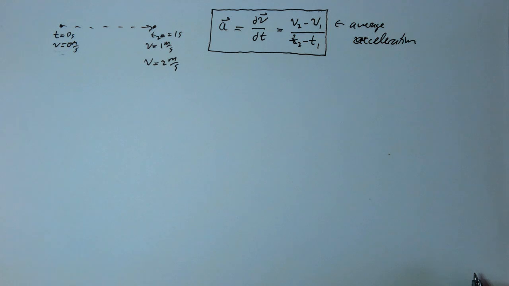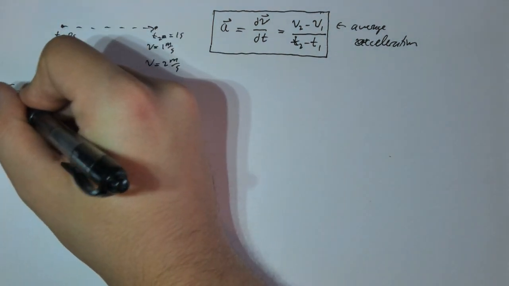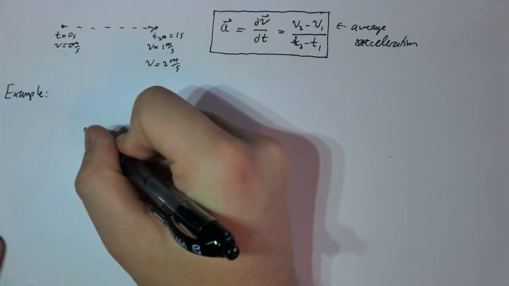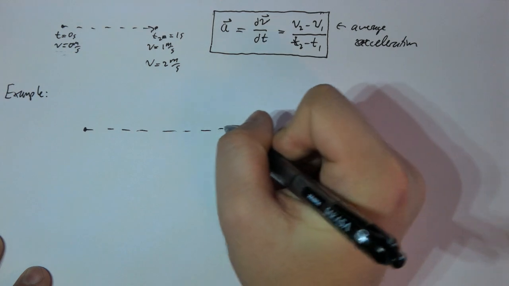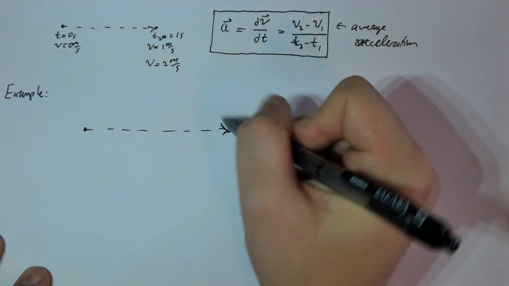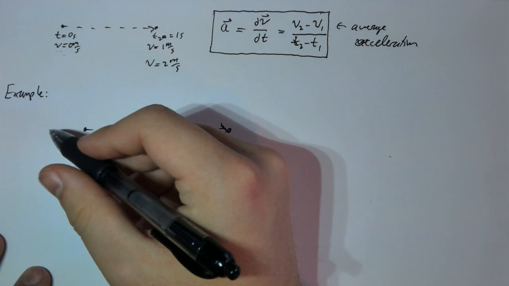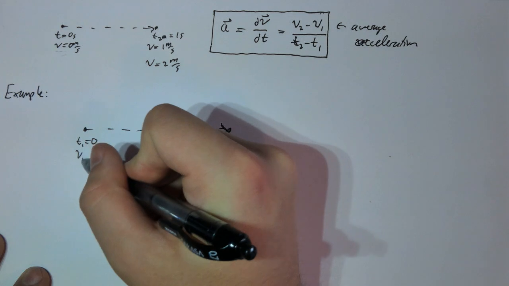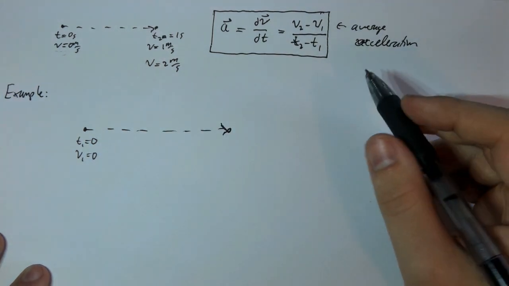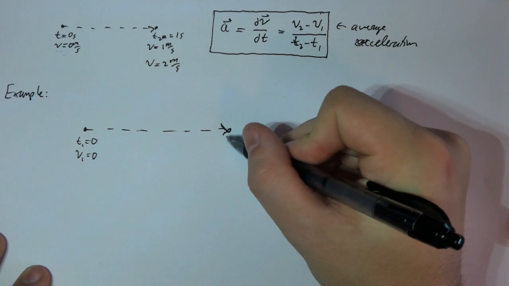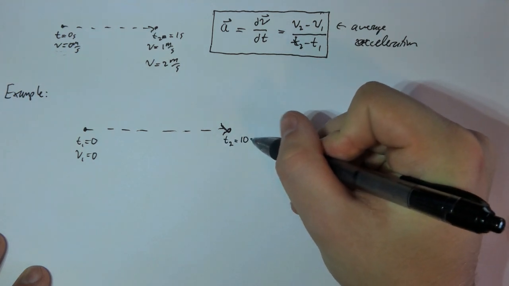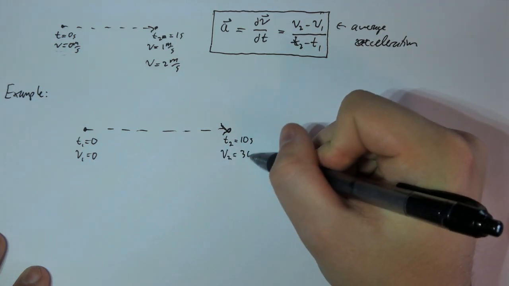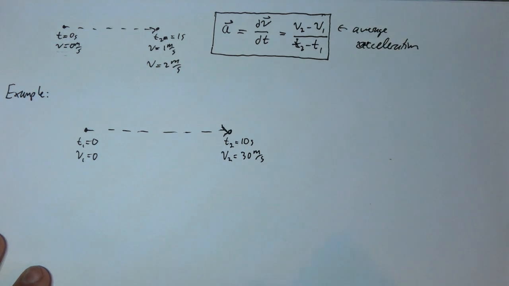Okay, let's do a quick example of average acceleration. So if we have, again, I'll draw a line for an object moving from a point where t1 equals 0, v1 equals 0, and we move to a point t2 equals 10 seconds, and v2, velocity, equals 30 meters per second.